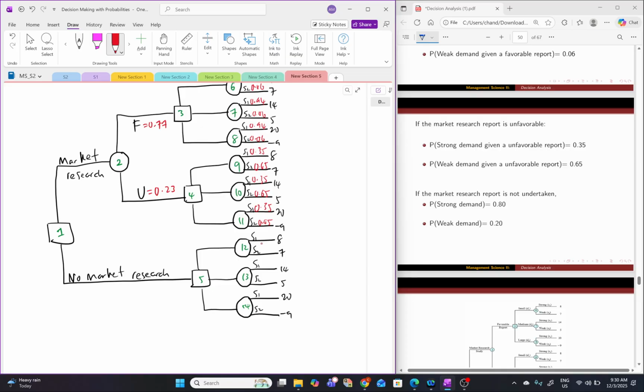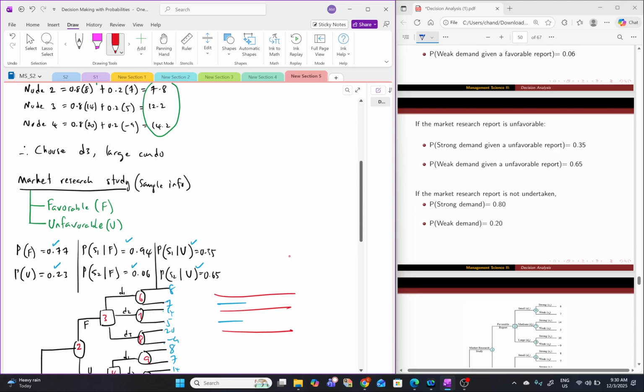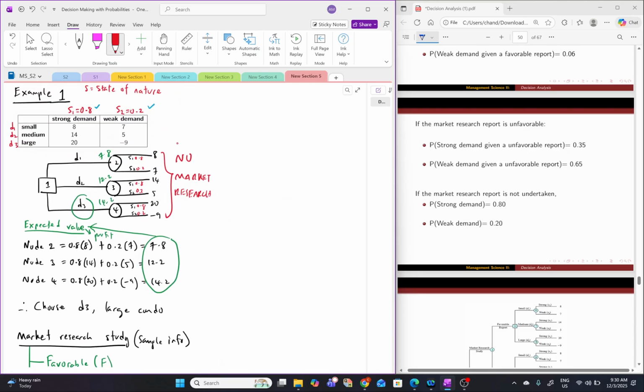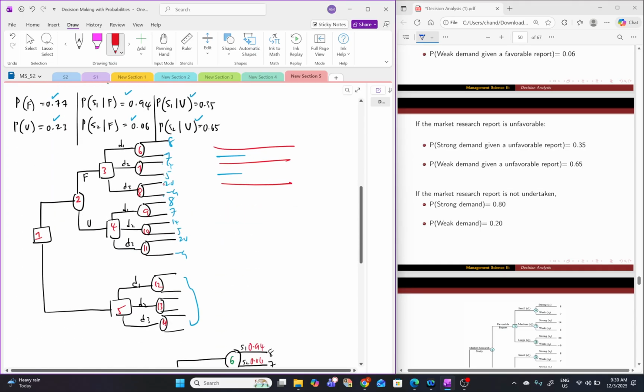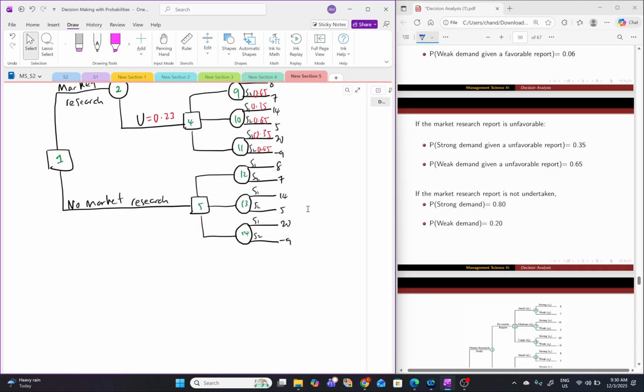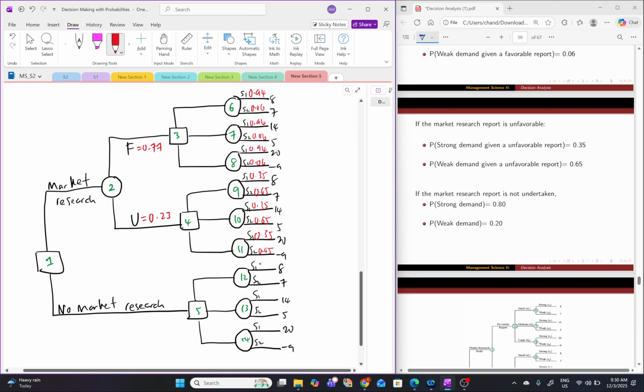Yang last kali ni, no market research. Sebenarnya yang last kali ni, ini adalah yang atas ni, yang kita dah buat yang ini. No market research. Okay, no market research ni kita gabung dekat sini bawah ni. So yang ini last kali adalah 0.8. This is the complete diagram.